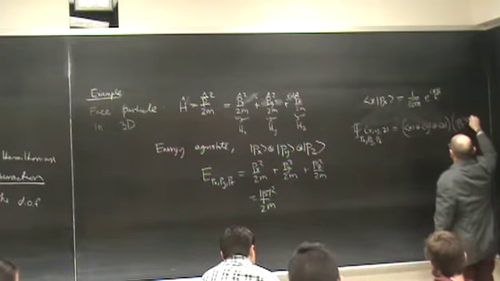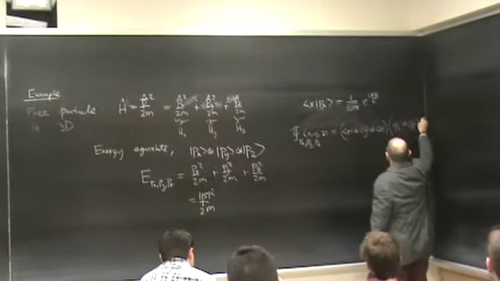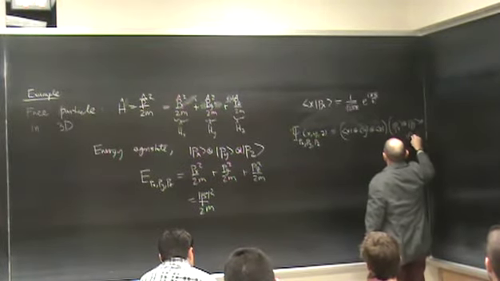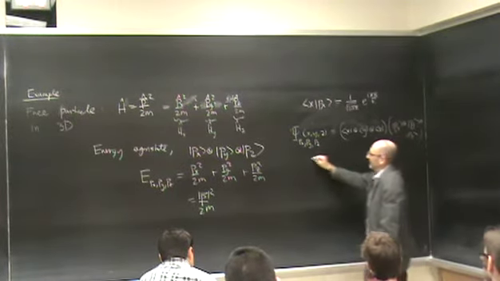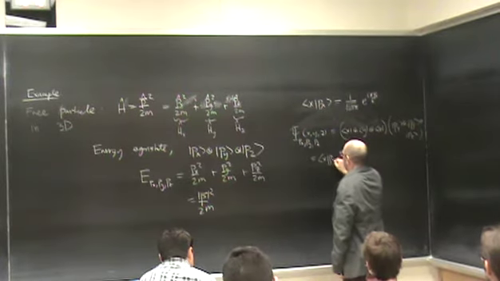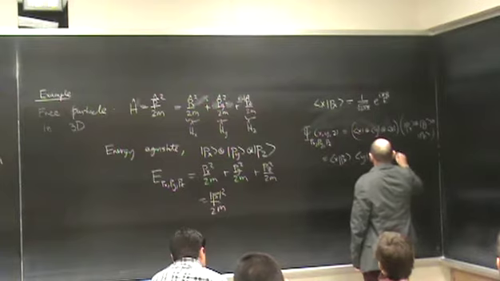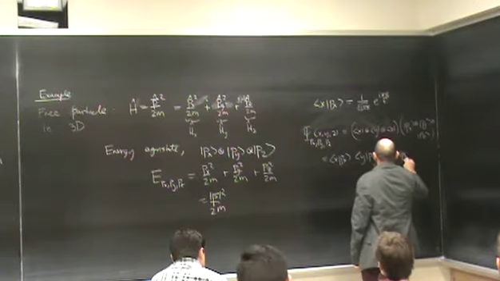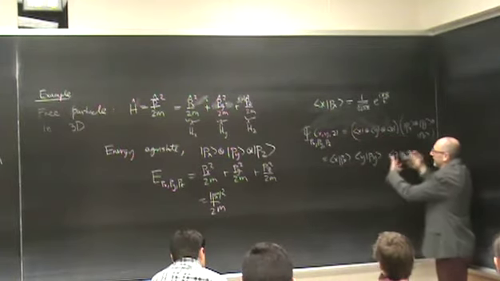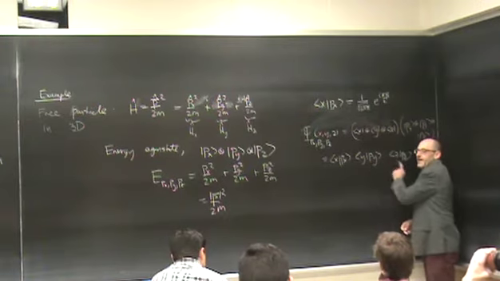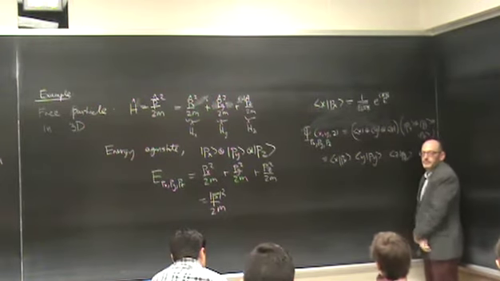dx dy dz, x dx y dy z dz. Notice, once you take the inner product, this is just normal multiplication by complex numbers.